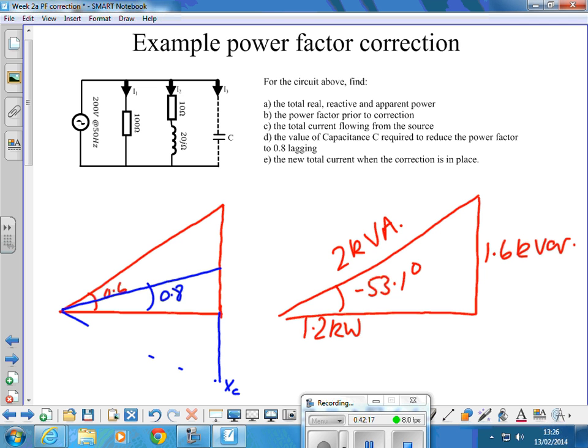So what we need to do, we know what this is. This is 1.6 kVAR. If we find out what that is, Q new, we can then find out from that what this is, QC. And how from QC can we get the value of the capacitor?